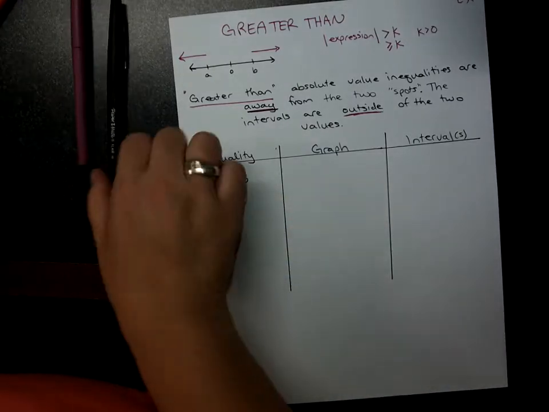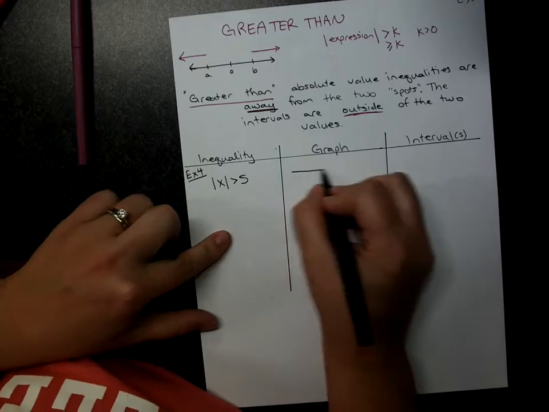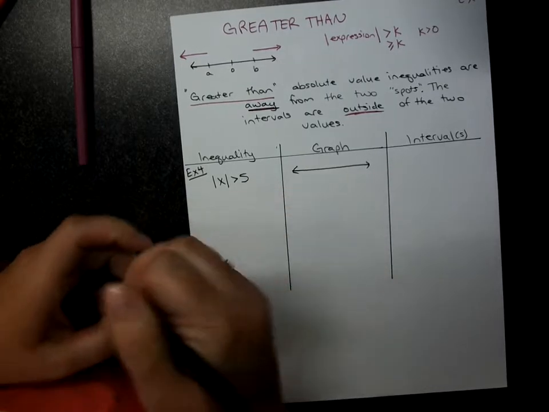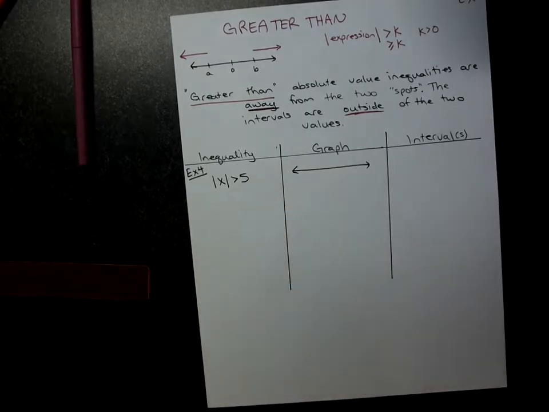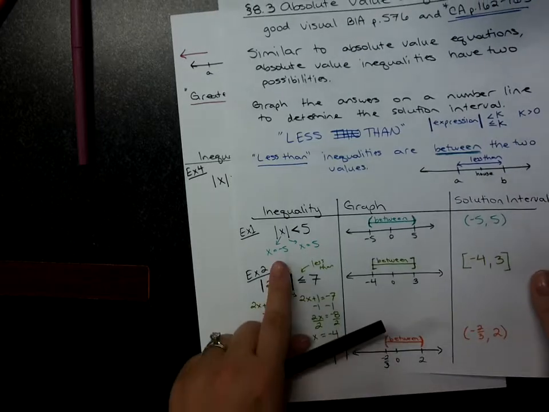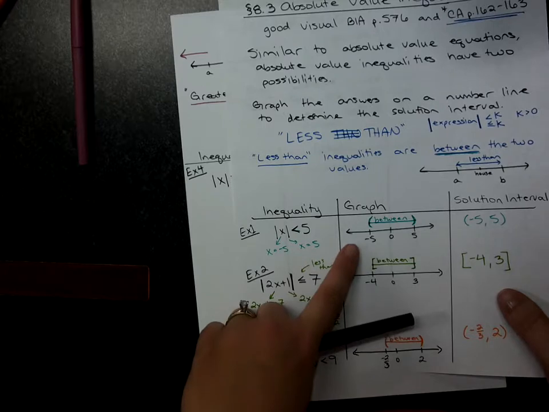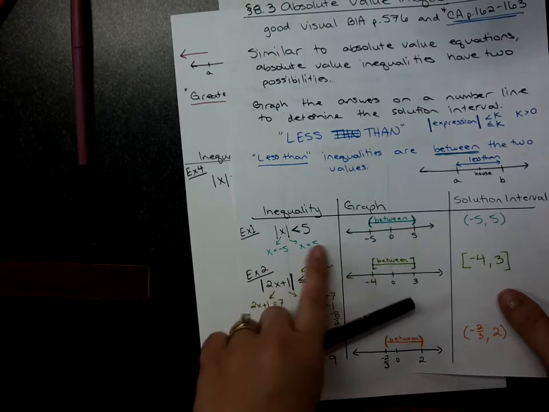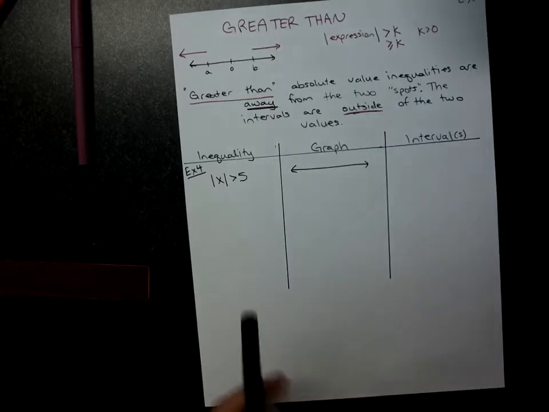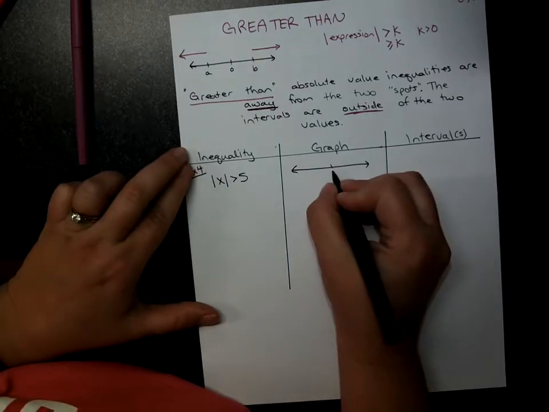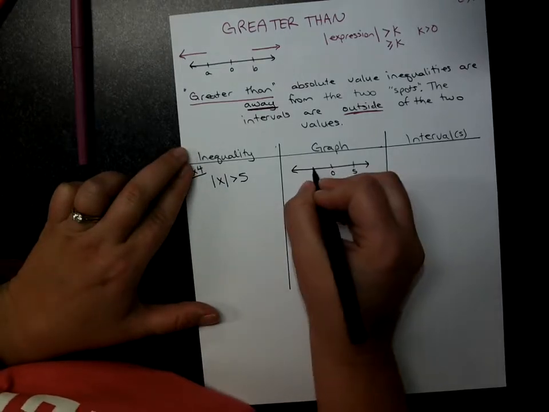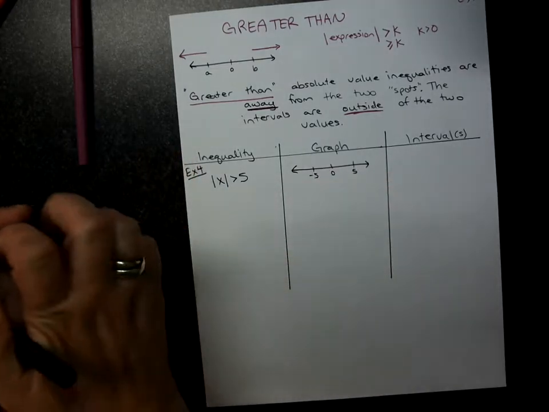So we still have those 2 spots on the graph. So just like we did for less than, let me bring less than back over. Just like we did for less than, x could be -5 or +5. So we're going to make that same number line with those 2 spots, -5 and +5. So 0 could be +5 or it could be -5.